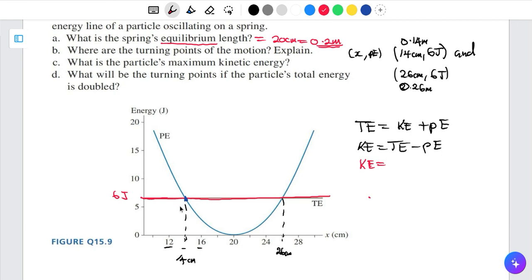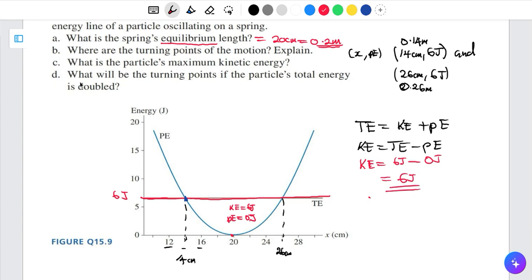The potential energy is lowest at the equilibrium. At this point of equilibrium, the potential energy is 0 joules, but the kinetic energy increases. The total energy that we have is 6 joules, the potential energy is just 0 joules. As a result, we have 6 joules as our answer.